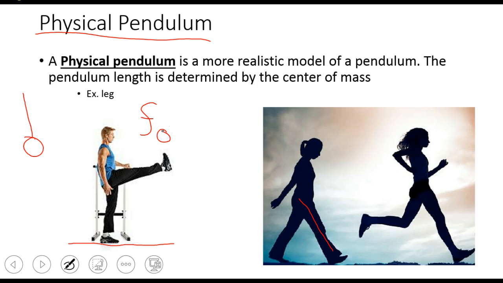In running and walking, this is very apparent in our strides. And so running, you have a shorter period for the swing of your leg, right? You are making it go faster. Your body's normal balance system is such that if your right leg is going forward, then your left arm should be going forward as well. And then if your left leg is going forward, your right arm is going forward.